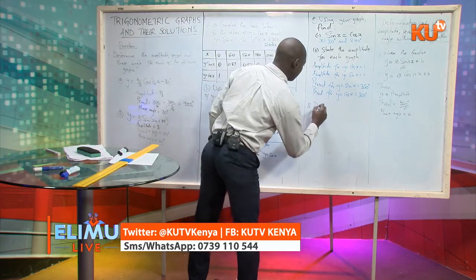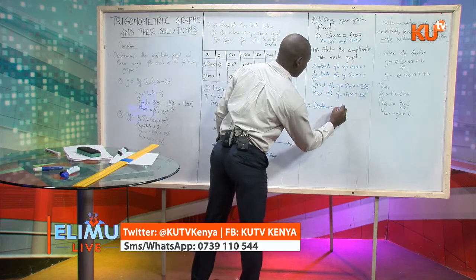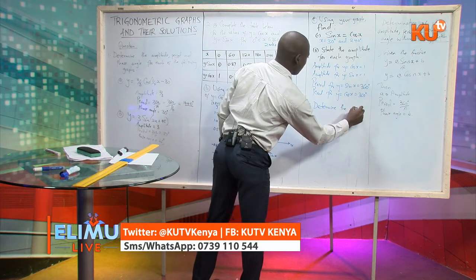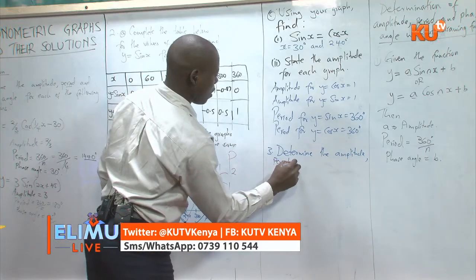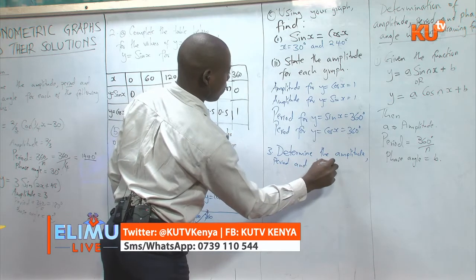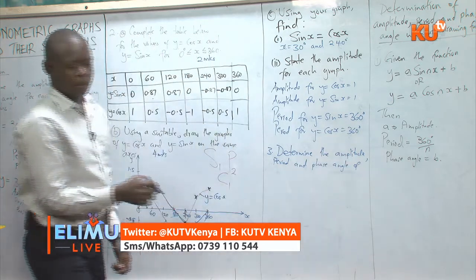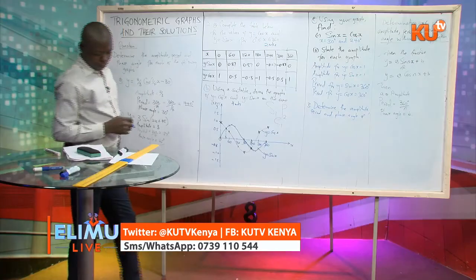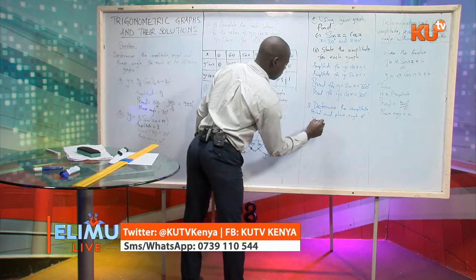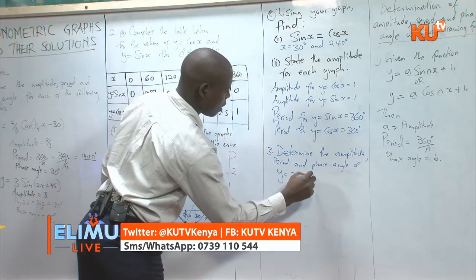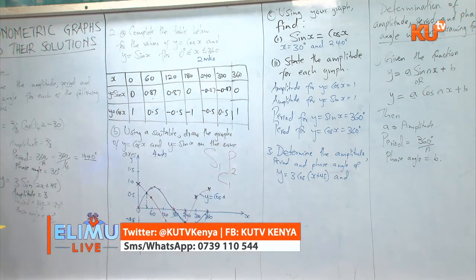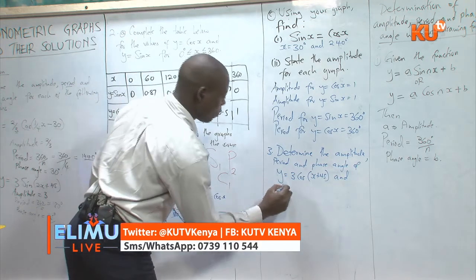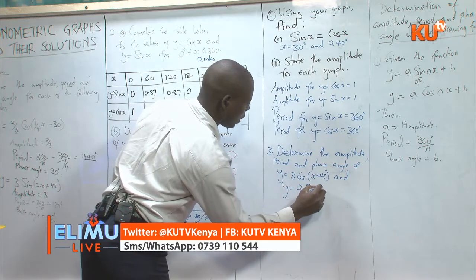You're told to determine the amplitude, period, and the phase angle of y is equal to 3 cos (x + 45), and y is equal to 2 sine 2x.